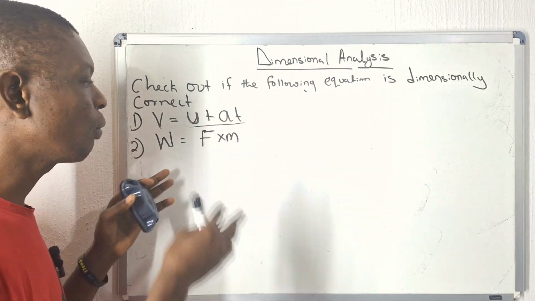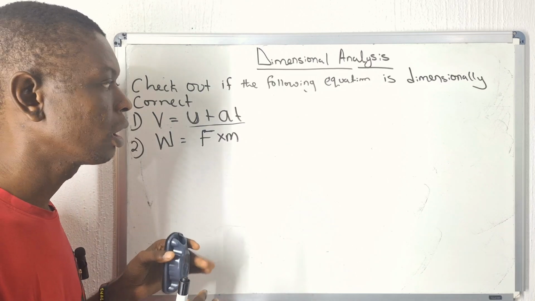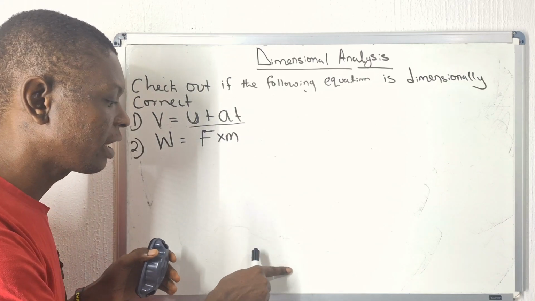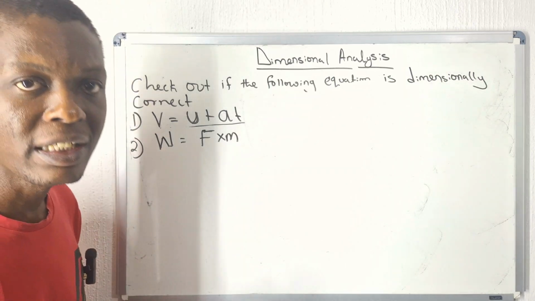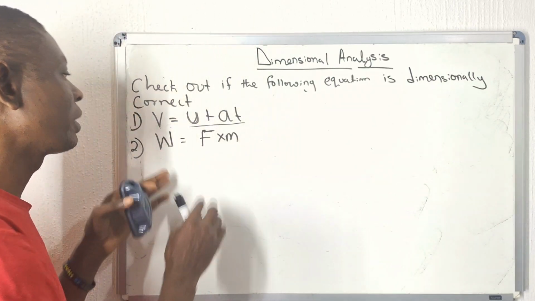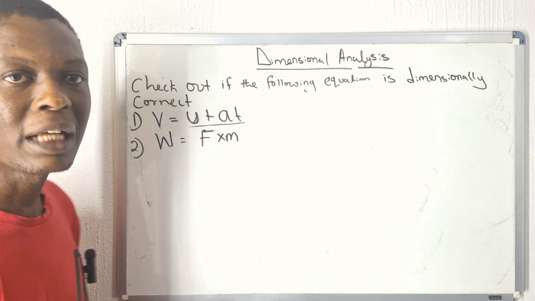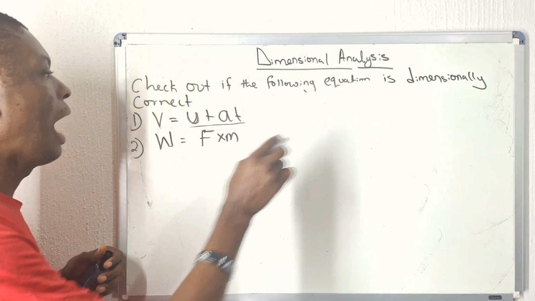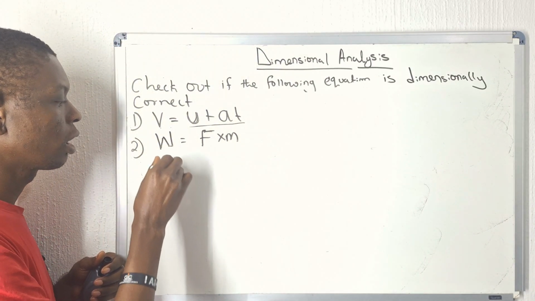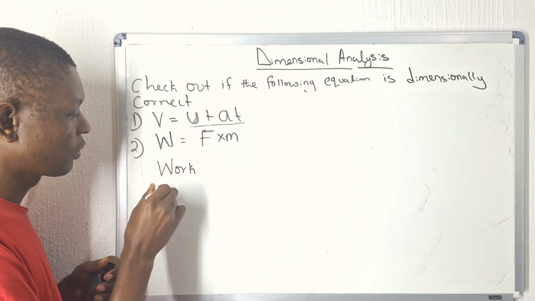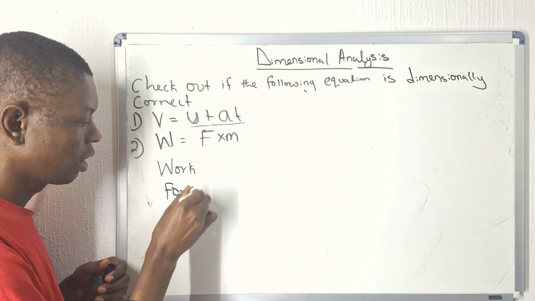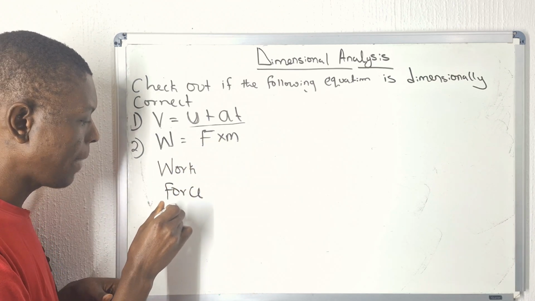The person wants to calculate the quantity of work which will be generated if a force of certain mass is applied at a given distance. That person came up with this formula and wants to use it to get the answer. W here is work, F is force, and M is mass.